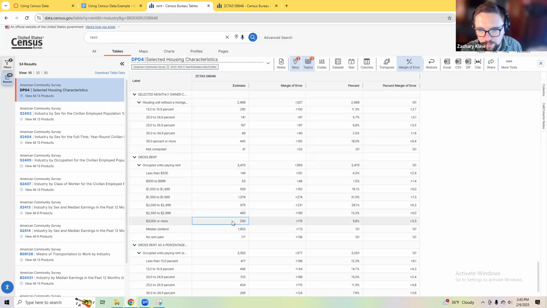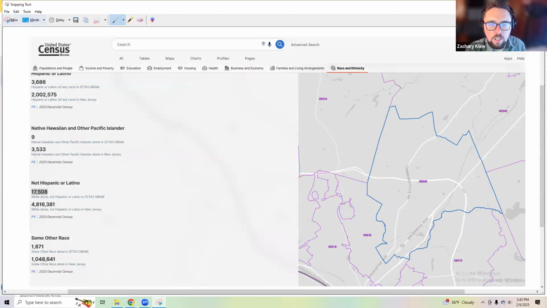Meanwhile, there are 200 units where the rent is $3,000 or more. The median rent is where 50% of units rent for more than this and 50% of units rent for less: $1,953.